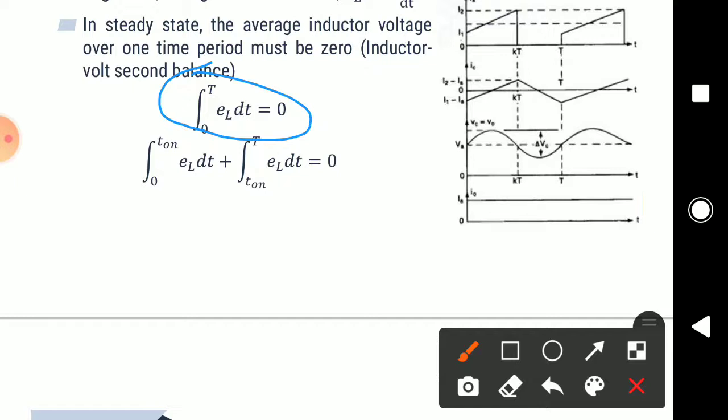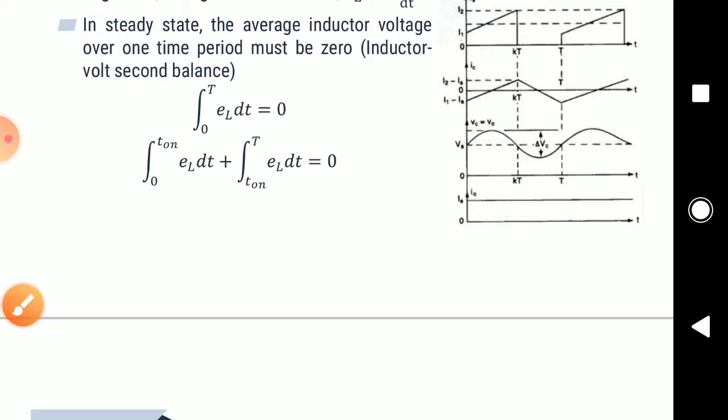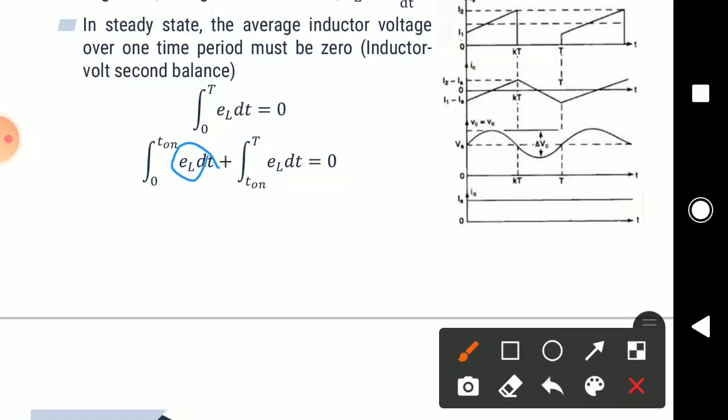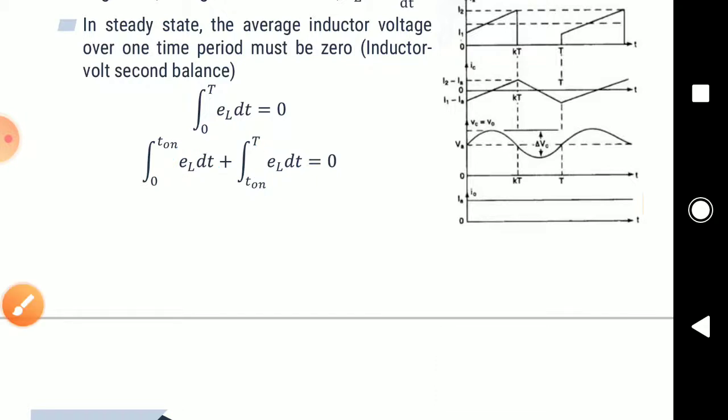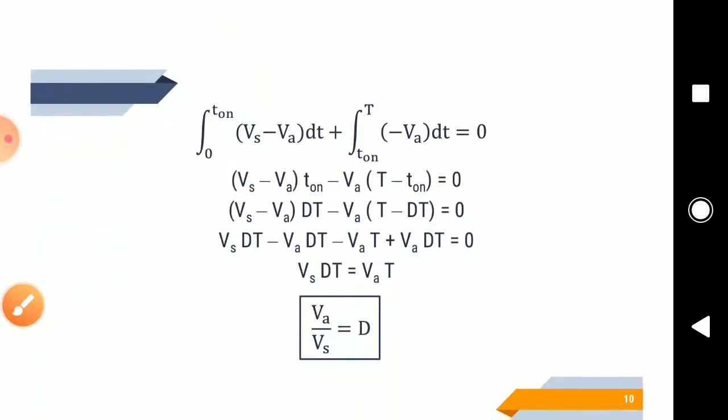And because there are certain changes happening in the waveform, that is during on time and off time there is a change in the operation of the circuit, you will divide the integration into two parts, that is 0 to T on and T on to T. And now you have already found out the voltage across the inductor during the on time and during the off time. We have seen that during the on time the voltage across the inductor is Vs minus Va, and during the off time the voltage across the inductor is minus Va. So you can just substitute these values over here.